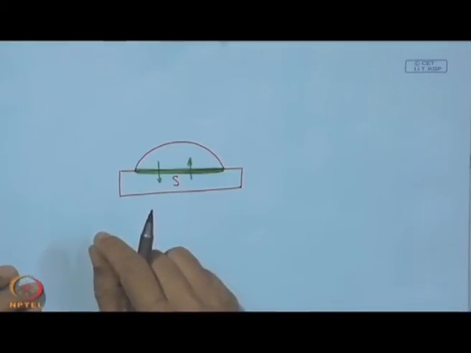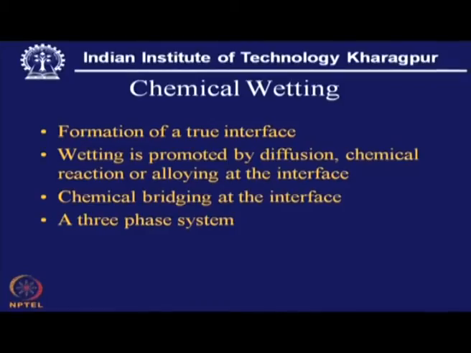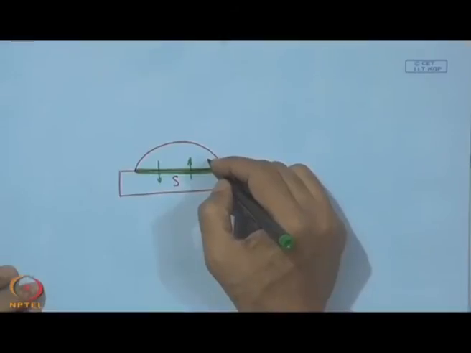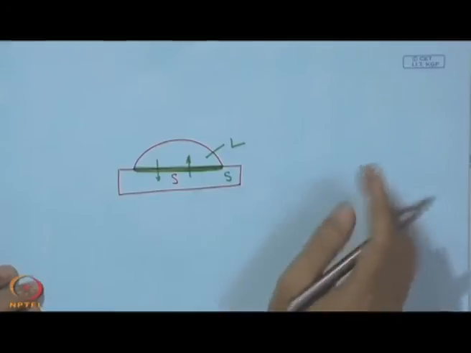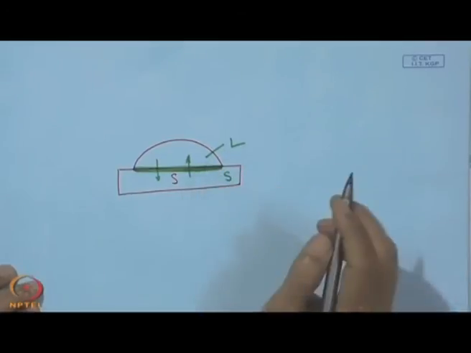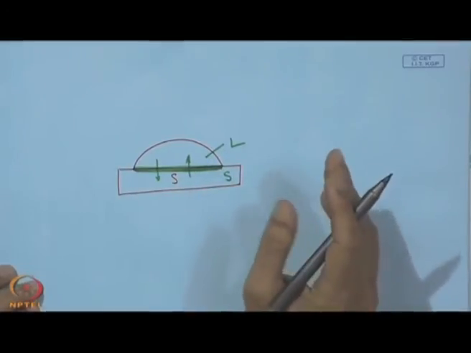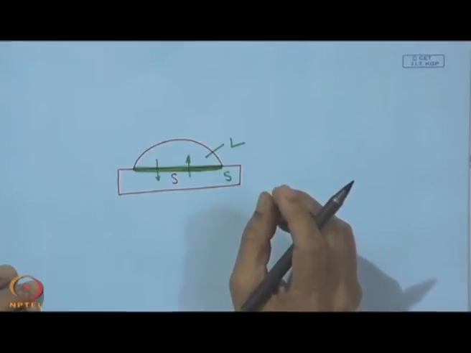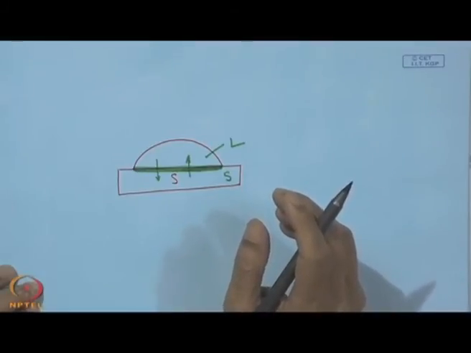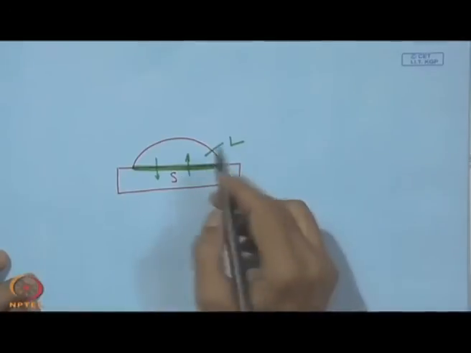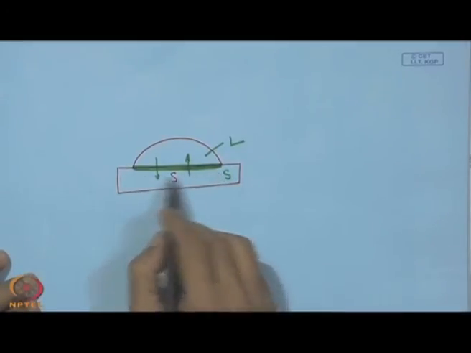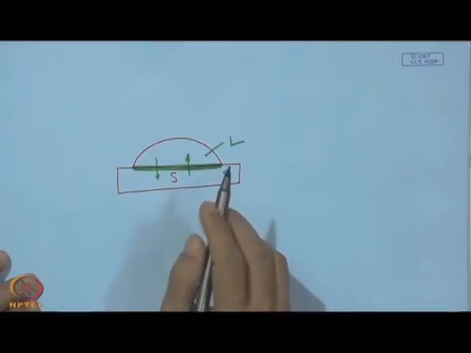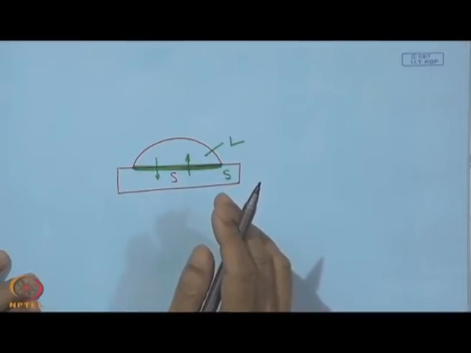This layer can be very thin or very thick; it depends upon the chemistry of the liquid, the chemistry of the solid, and the prevalent temperature. So, these are the three parameters which dictate what the reaction layer, or the layer as a result of this alloy formation or diffusion, should be.